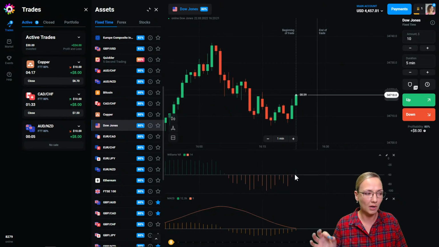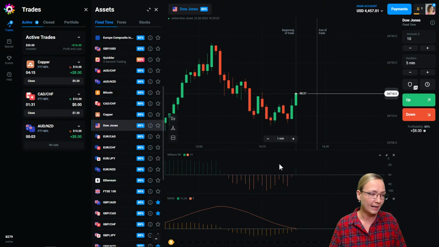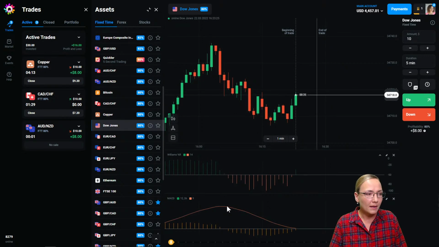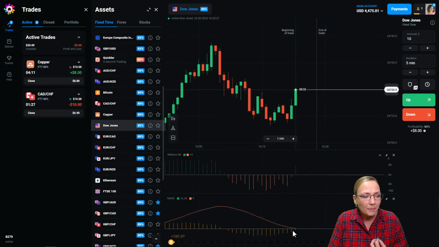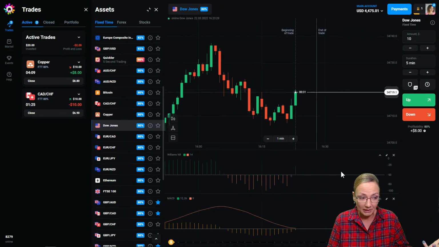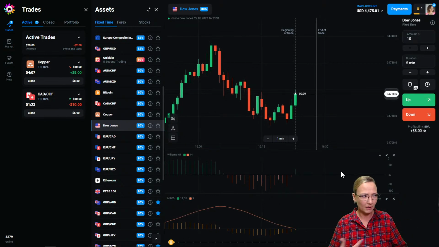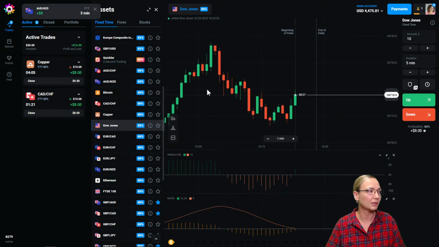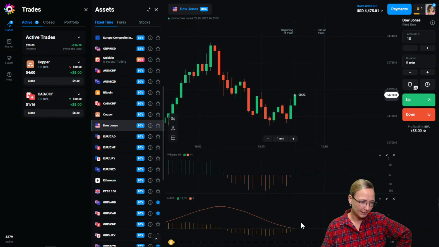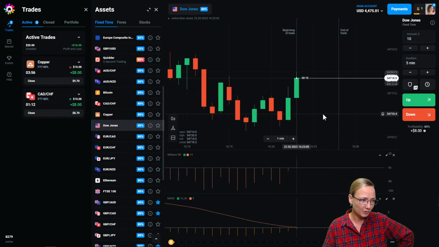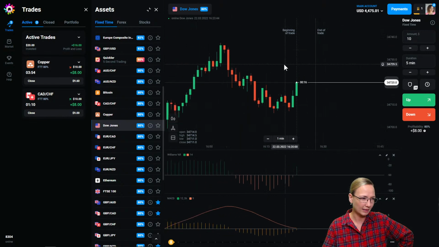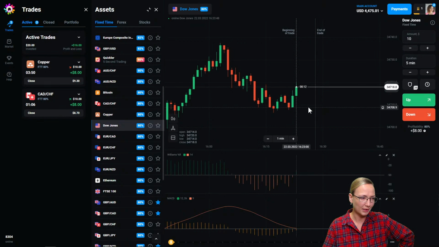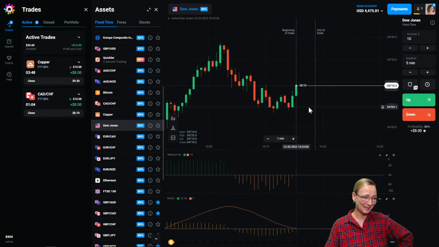Another thing that you can pay attention to on the signal line is that during these times, it may come and bounce off of the midline. That's also like a potential additional signal that we're going to move up. I'm going to see if I would see a bar on the MACD to the upside or not. Let's see here. This trend line was broken to the upside, but I don't see the bars above the midline.